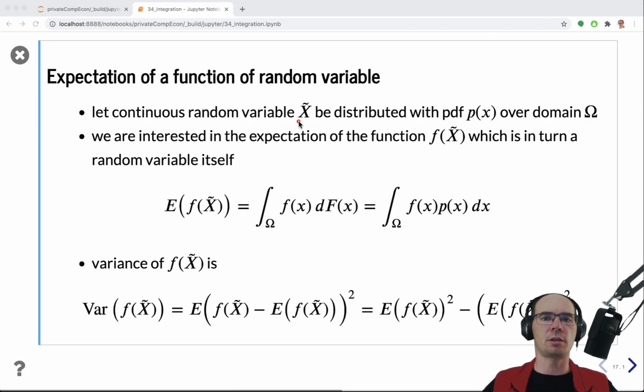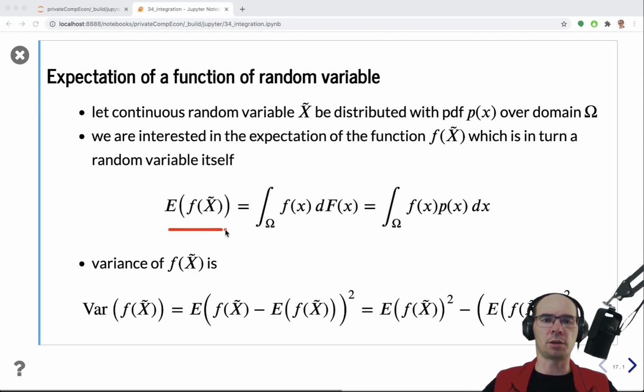Before we go into the Monte Carlo integration, let's look at the expectation of a function of a random variable. If we have a random variable x tilde, where tilde everywhere denotes something which is random, and it has a PDF, the probability density function p of x, over some domain omega, and we're interested in the expectation of the function of this random variable. Of course, the function of a random variable becomes a random variable itself, because it may take different values.